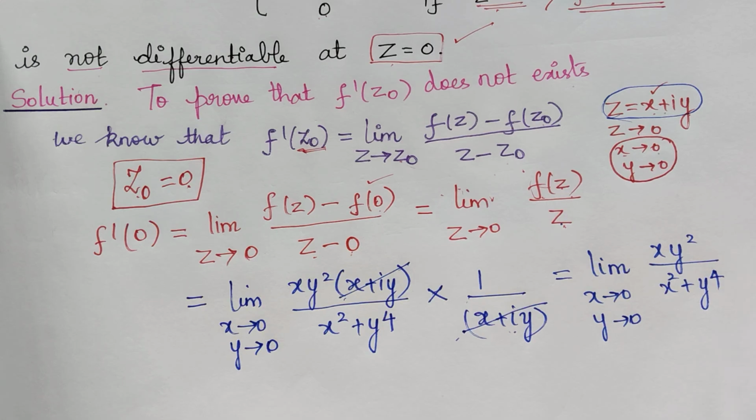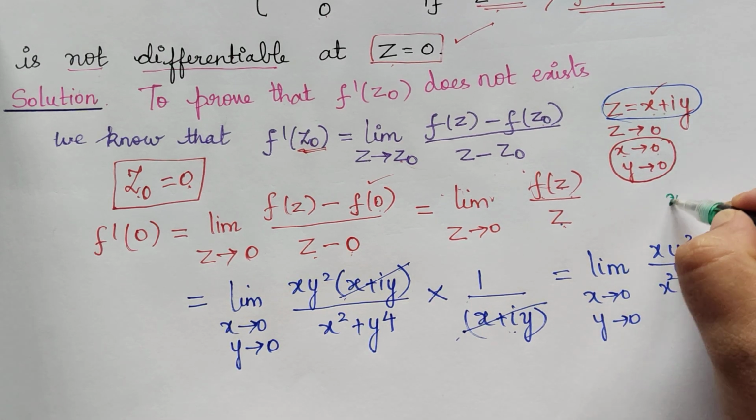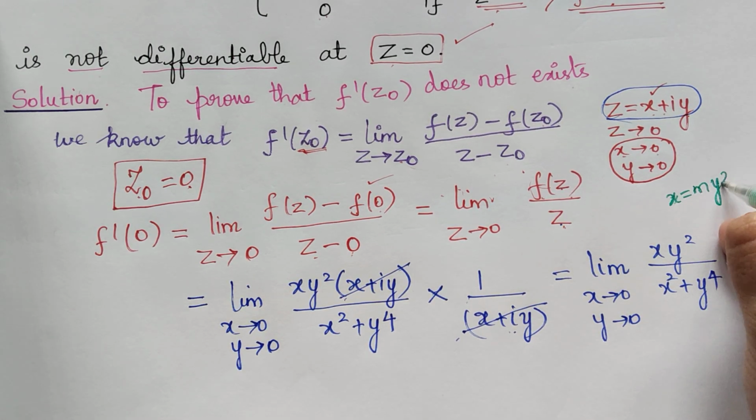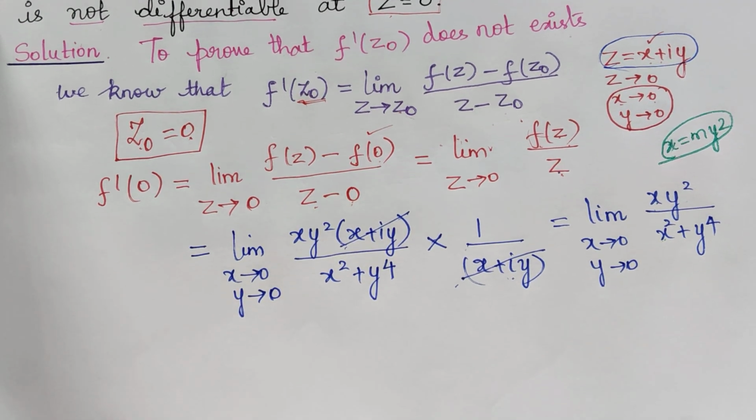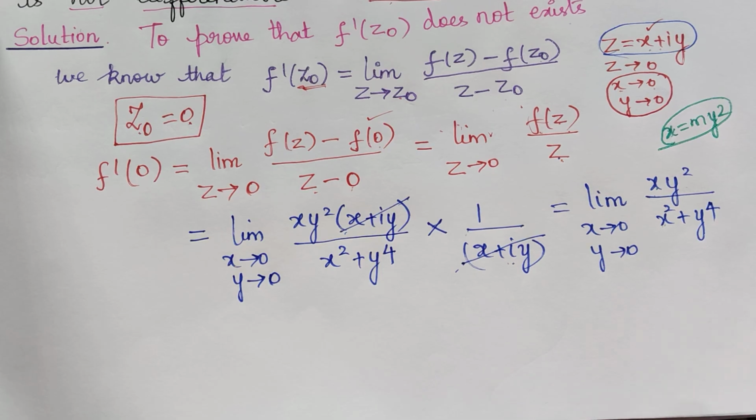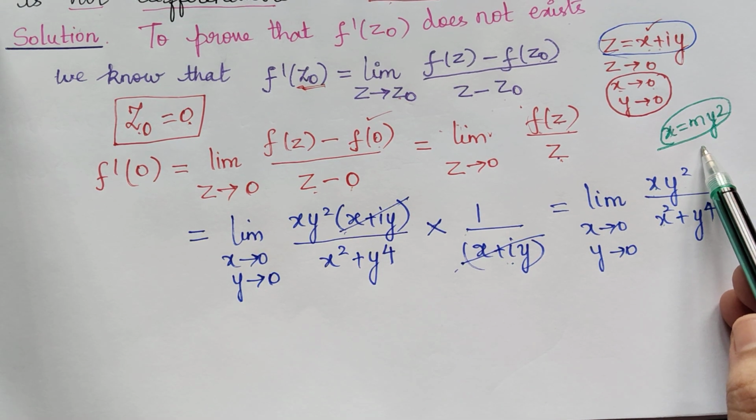Let us choose the parabola x is equal to my square. If we choose this parabola, and put y square at the place of x, in the numerator also we will have y to the power 4, and in the denominator also we will have y power 4, and easily the terms can be taken in common and cancelled. And so let us choose along the path x equal to my square.